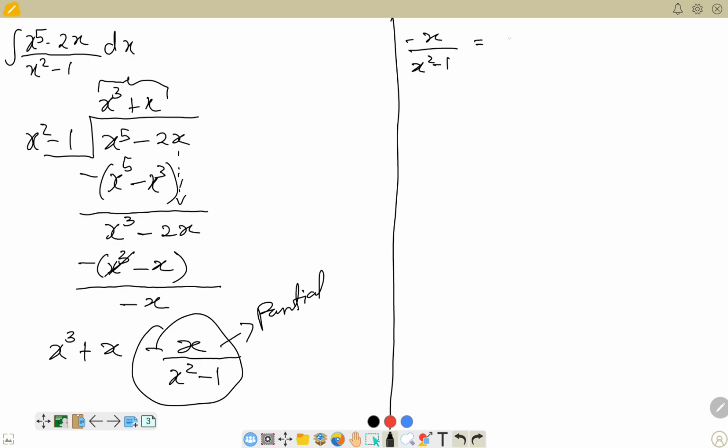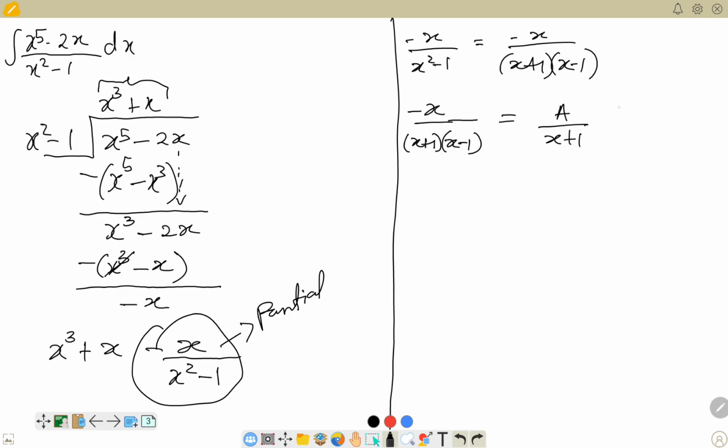It's going to give me negative x over x plus 1, x minus 1. Then I can write it in terms of partial fractions. Then it's going to be a over x plus 1 plus b over x minus 1.